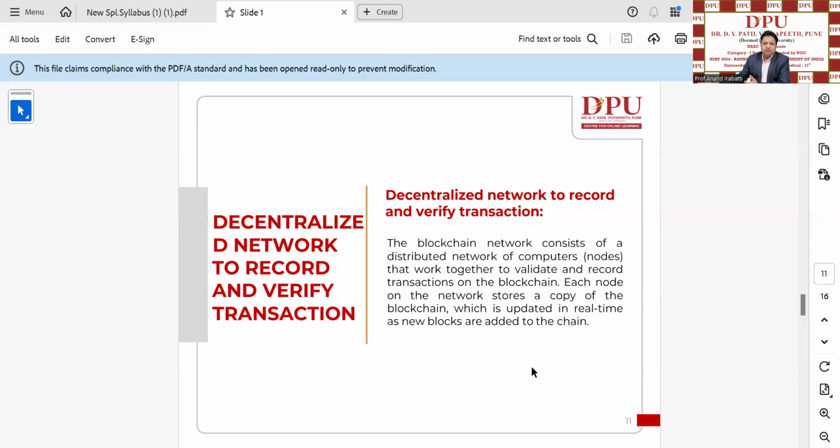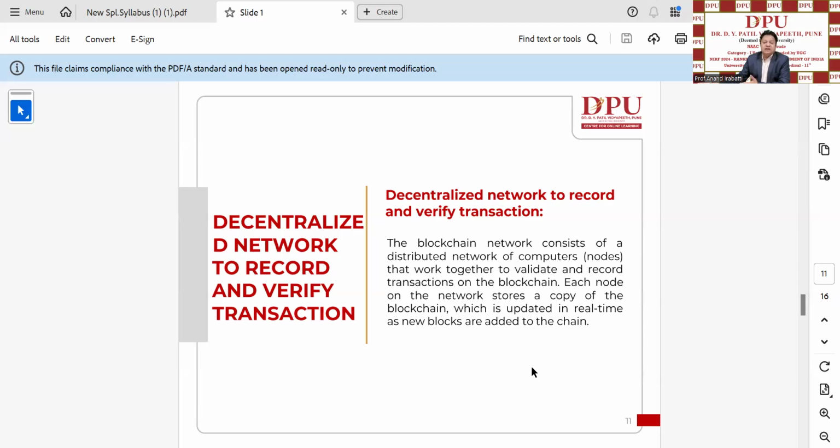From my point of view, I have authenticated and validated this transaction, and I found it valid. But it's not only a question of me as a miner. What about the rest of the miners? Suppose there are 10 miners and I am one of them. Here I have validated the transaction.